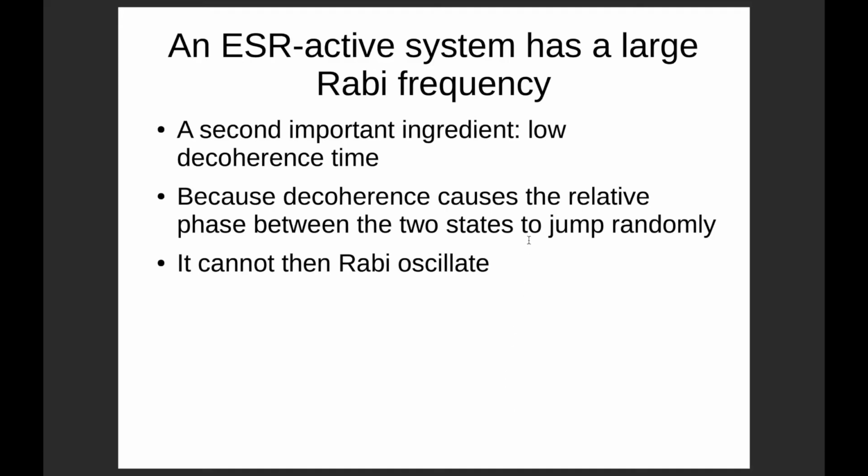A second important ingredient to have an electron spin resonant active system is to have a low decoherence time. This is because decoherence causes random jumps in the phase between the two states. If you have a random jump, then you don't have oscillations, and then you don't have any more two-level system dynamics.